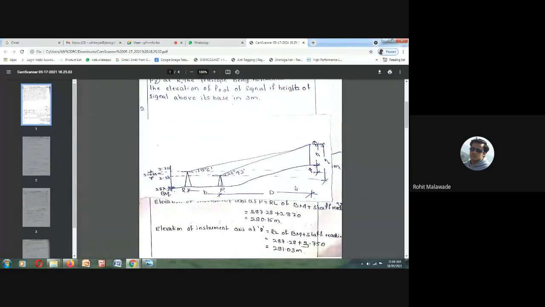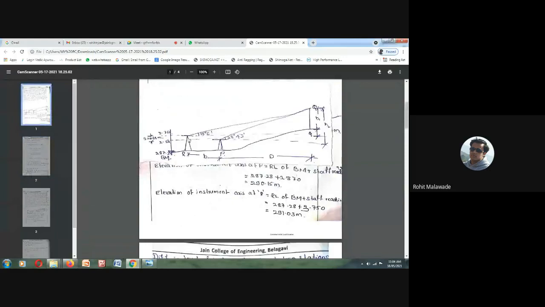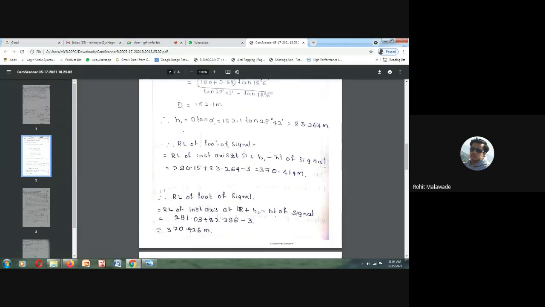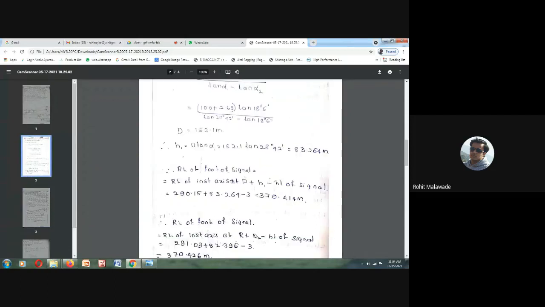So we find the RL of point R. The line of collimation height that we are going to have is 291.303 plus D tan alpha 2, which we get as 82.396, minus 3. So this is how we are going to get the answer.